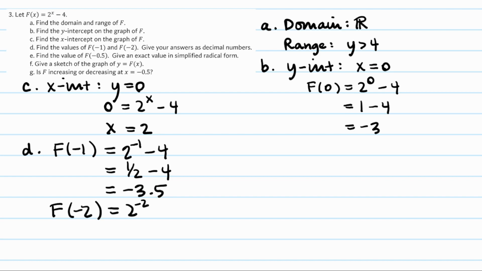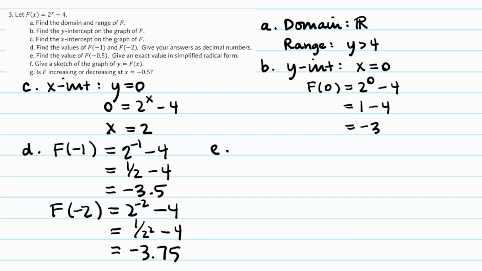It's just going to be 2 to the negative 2 minus 4. 2 to the negative 2 is 1 over 2 squared. So that's a quarter. A quarter minus 4 would be negative 3 3/4. So negative 3.75.